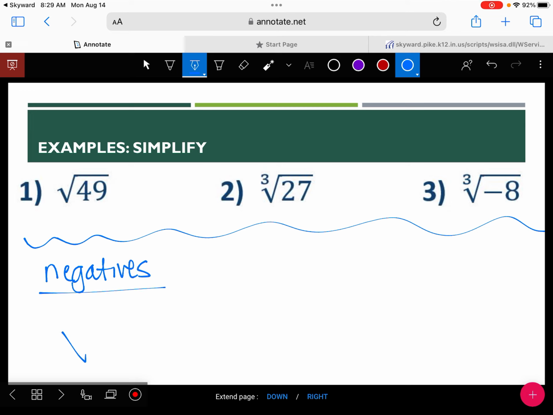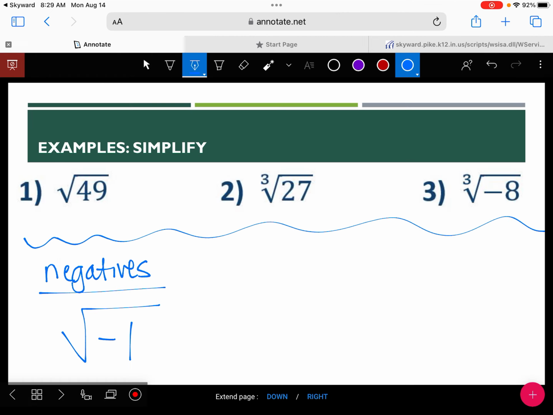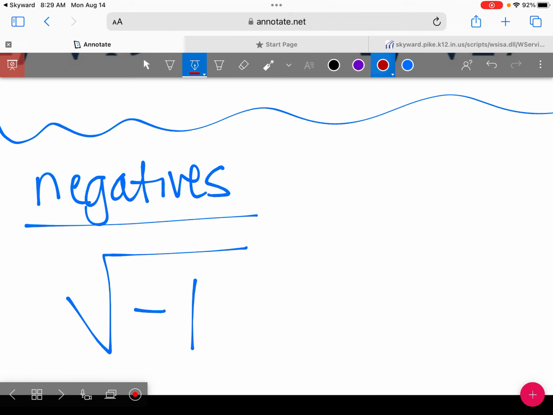If you have a negative, I'm going to say -1, and the index is an odd number, then we can actually take that negative out. So if I take the cube root, when I say odd, I'm talking about an odd number, like a 3, a 5, a 7. So the cube root of -1 is -1.